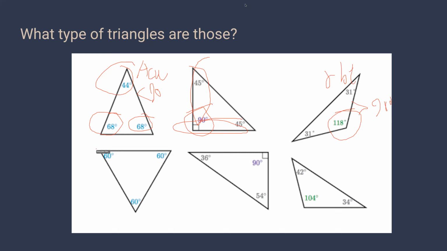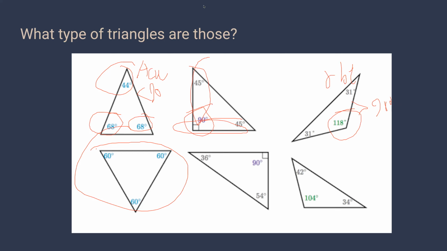So this triangle, the fourth triangle, is also a very unique and elegant triangle because it has all three sides the same length, and also three equal angles. So this is an equilateral triangle.